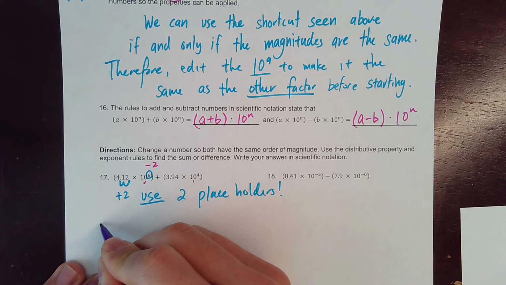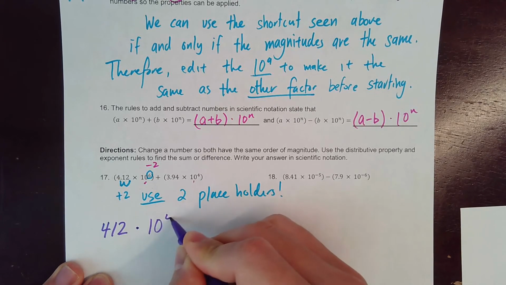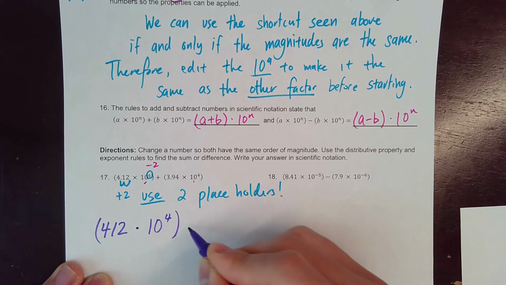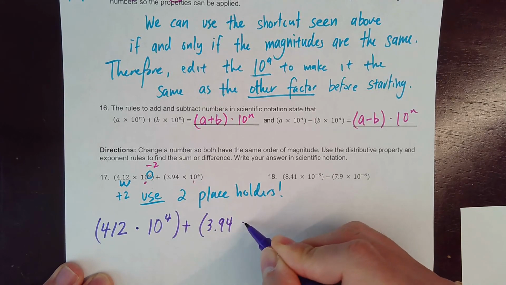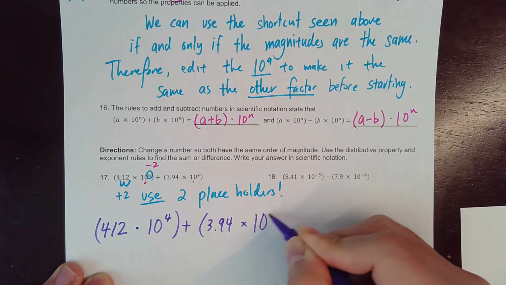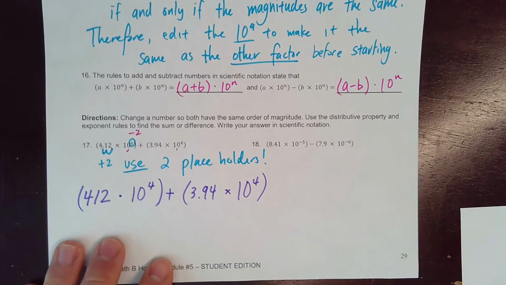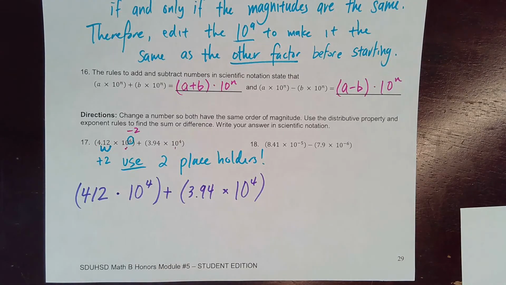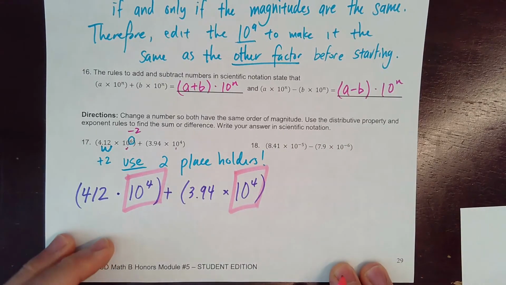Then my new expression is going to be 412, because I used two placeholders, times 10 to the 4th, plus 3.94 times 10 to the 4th. And what we've done successfully with this example class is we now have the matching magnitudes that we need.